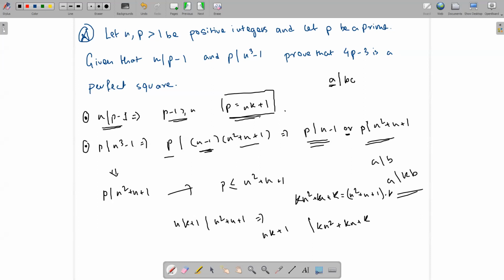Can't you see from here why we are almost done? So what can we subtract from here? What do we want ultimately? We want to prove that 4p minus 3 is a perfect square, right?